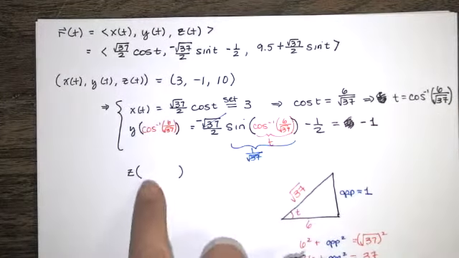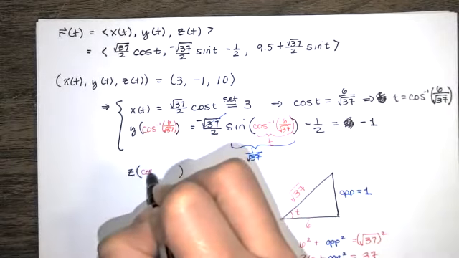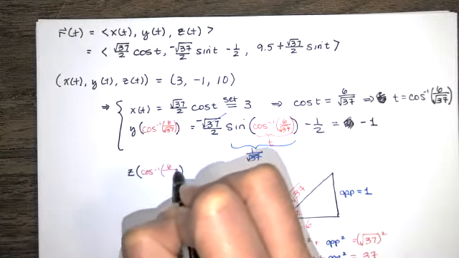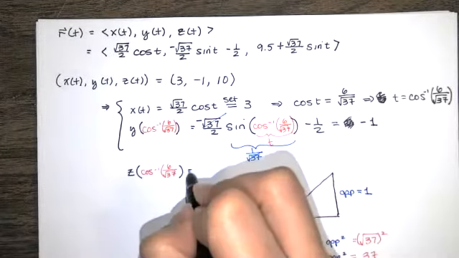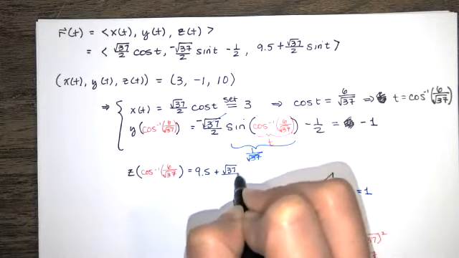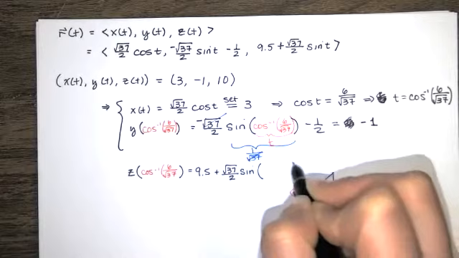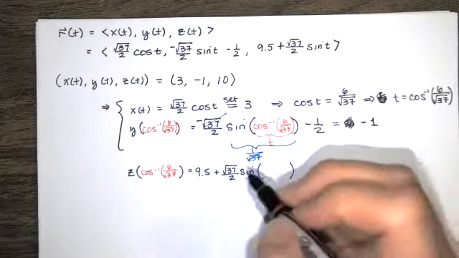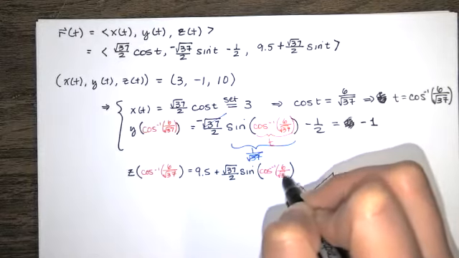So now we'll evaluate that expression at the inverse cosine, or arc cosine, of 6 over square root of 37. That's 9.5 plus square root of 37 over 2 times sine of the inverse cosine of 6 over square root of 37.